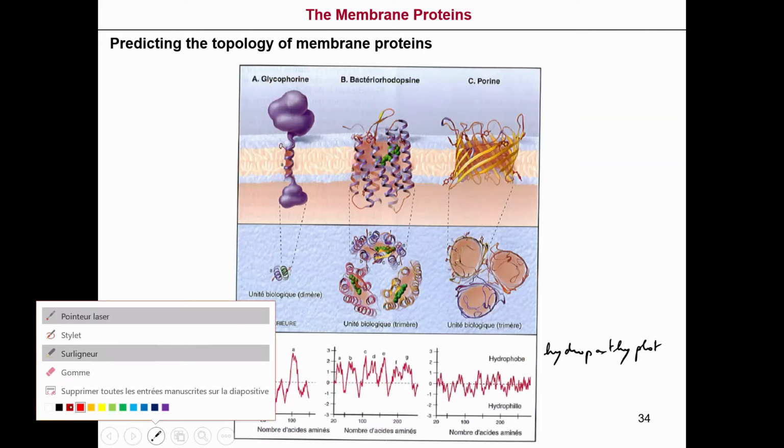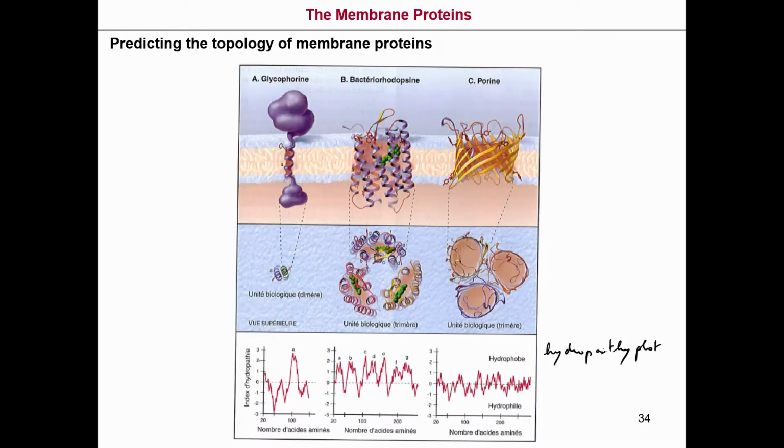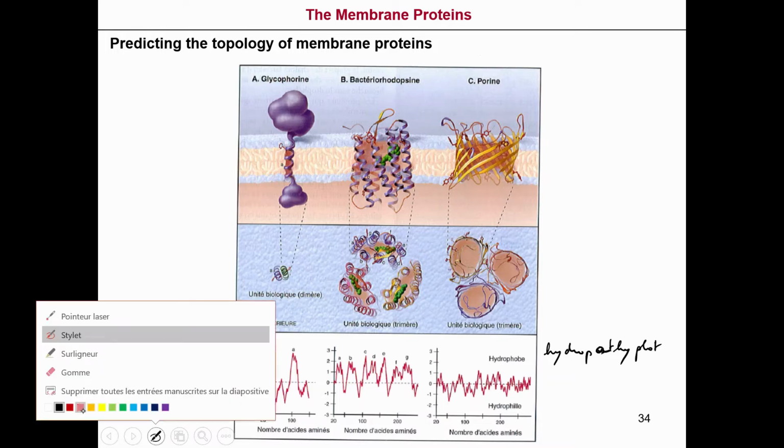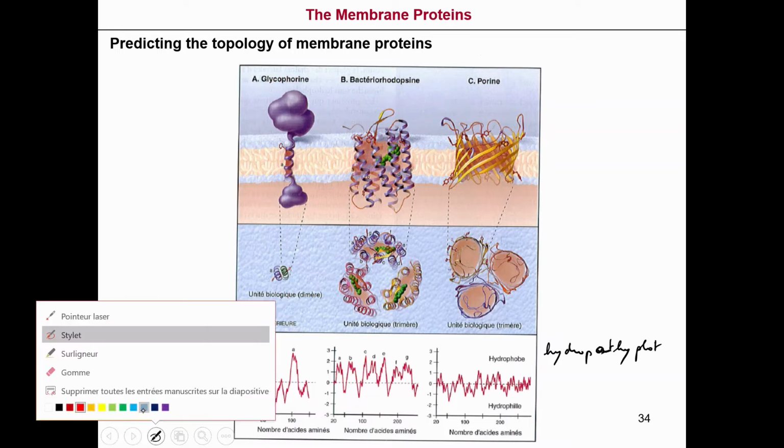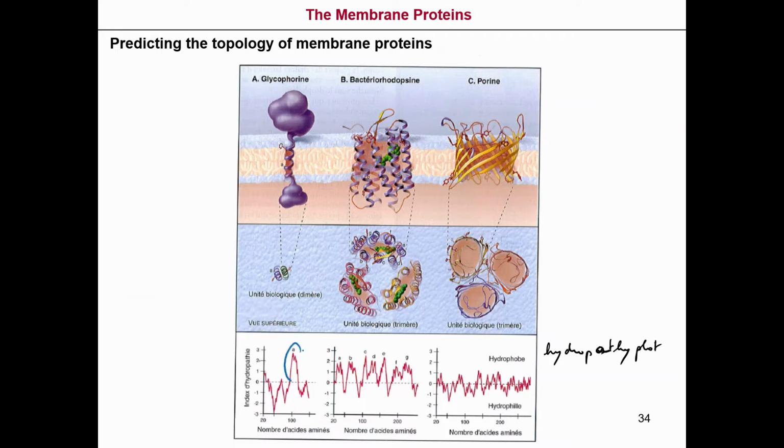So we measure the hydropathy for each amino acid, and we can see that, for example, here we have something very hydrophobic. It corresponds to the alpha helix which crosses the membrane.